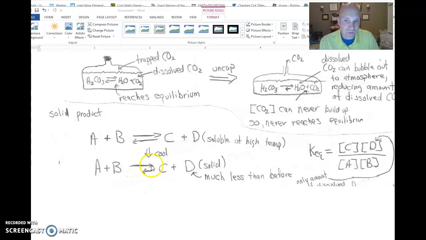That's going to force this reaction to move to the right. Essentially the reaction is trying to get back to this equilibrium level of concentrations, but it can't do it, because as soon as D gets formed, it falls out of solution and it's no longer part of this right here. So it keeps on going to the right.